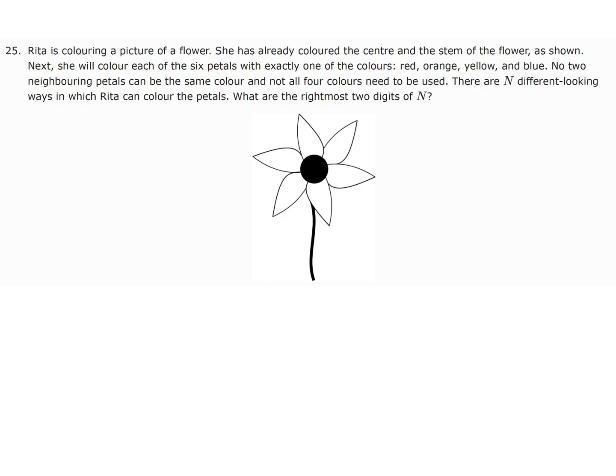Well, let's start a systematic approach. Let's concentrate on one color. There's 4 colors: red, orange, yellow, and blue. So let's concentrate on one color, and let's look at all the cases, and then at the end, n would basically be 4 times that, because the same scenario would hold true for the other 3.